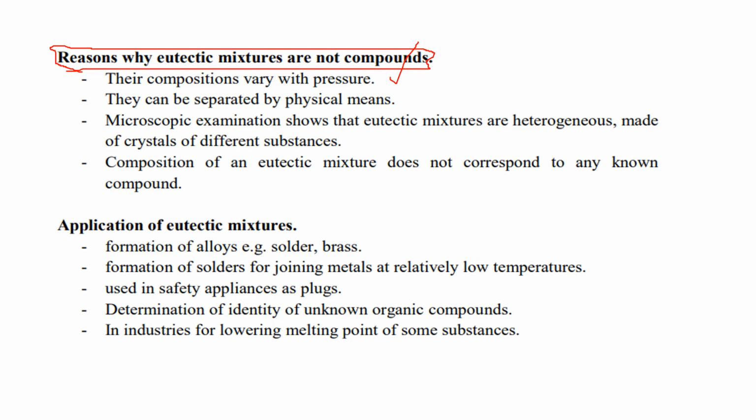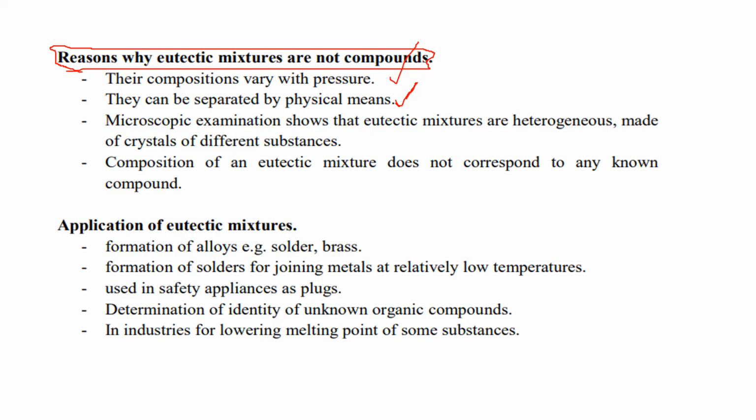And then they can be separated by physical means. Remember that in your O-level, you were told that compounds cannot be separated by physical means. But eutectic mixtures can be separated by physical means, so that prevents them from being considered as compounds.